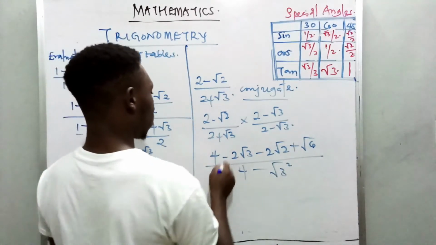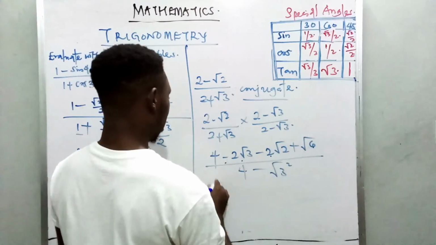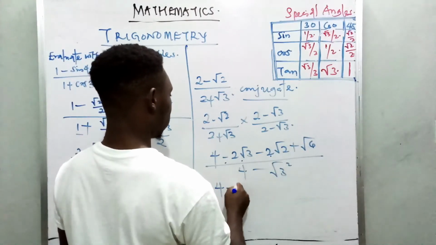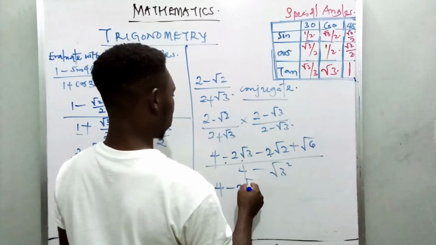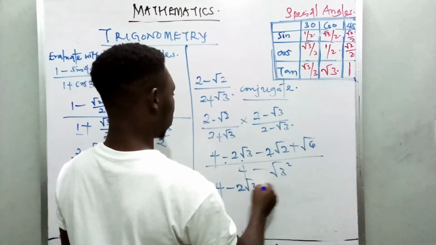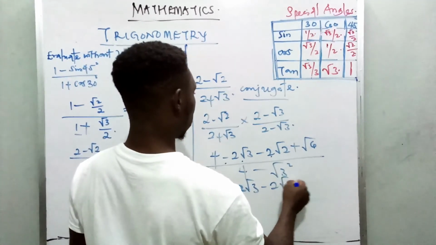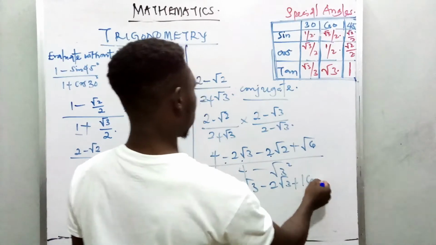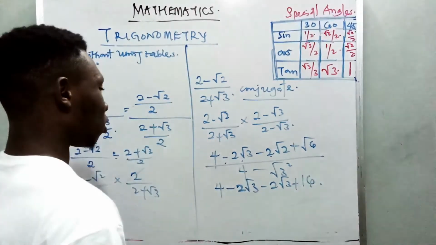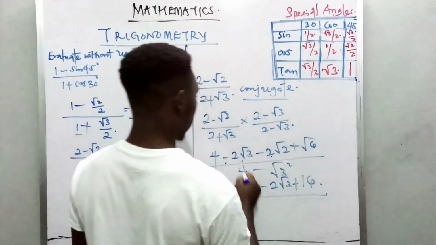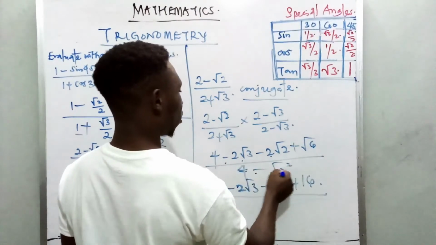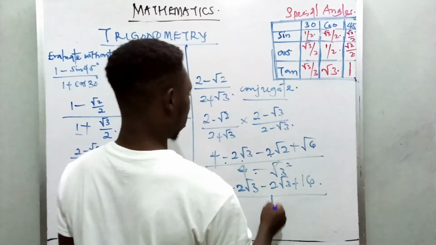So proceeding, can we add? We cannot add. So 4 minus 2 root 3 minus 2 root 2 plus root 6, all over 4 minus 3, that's 1.